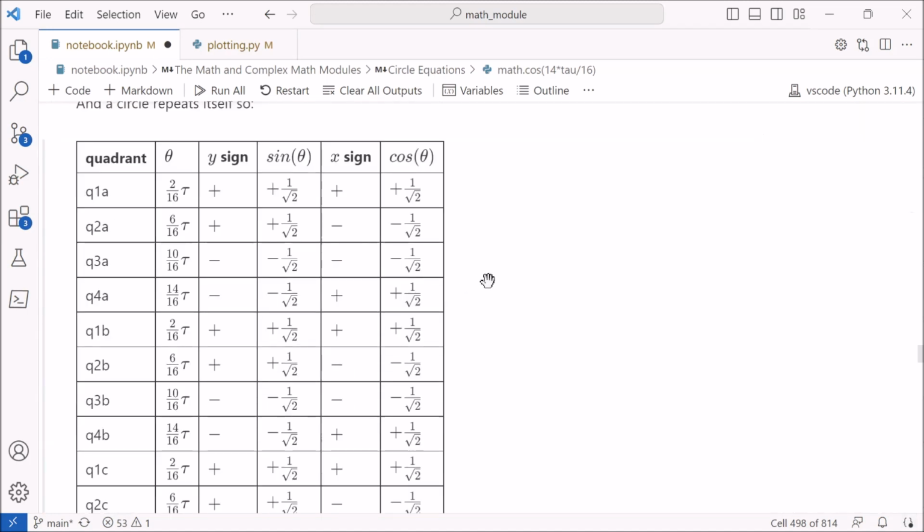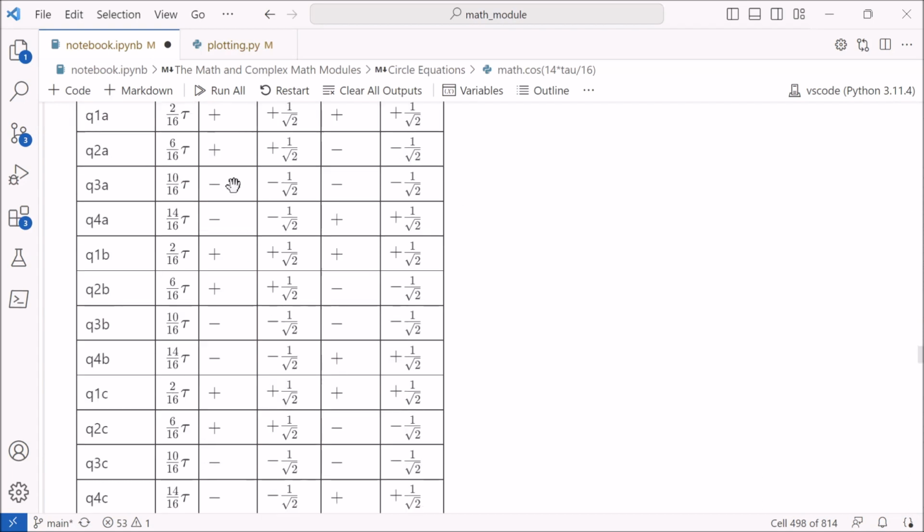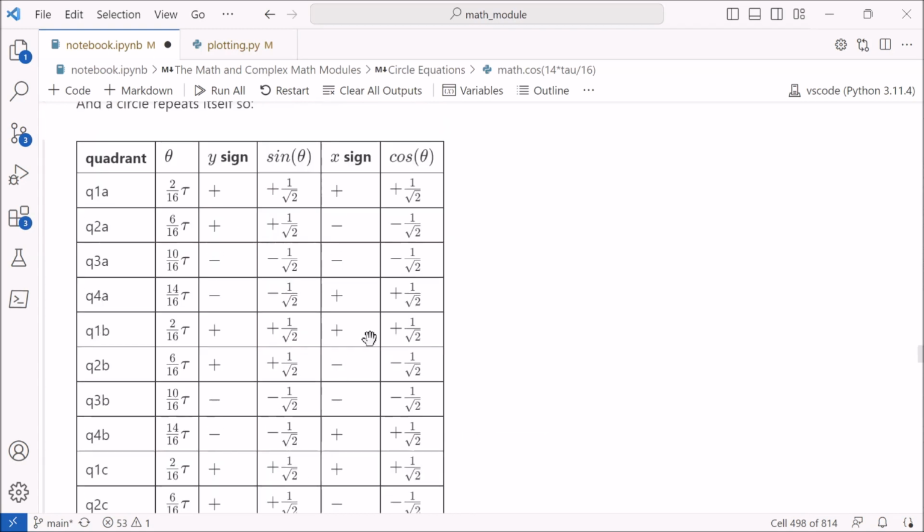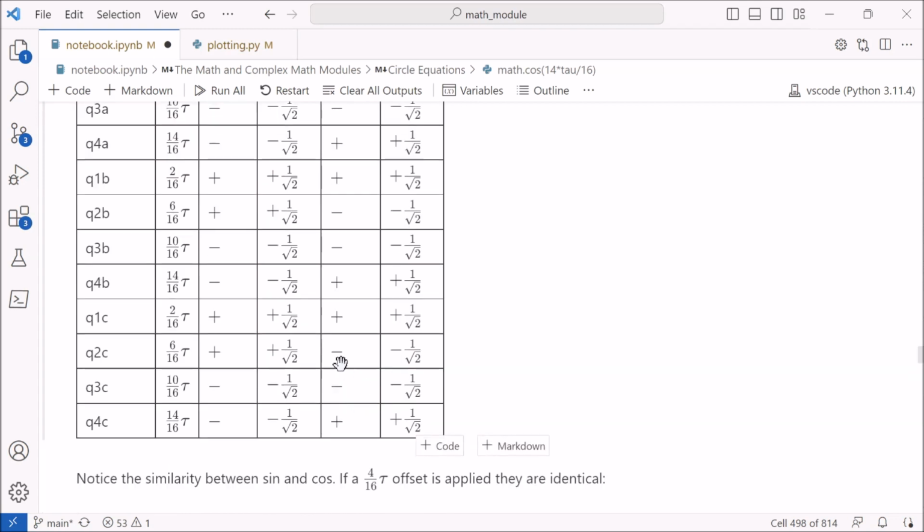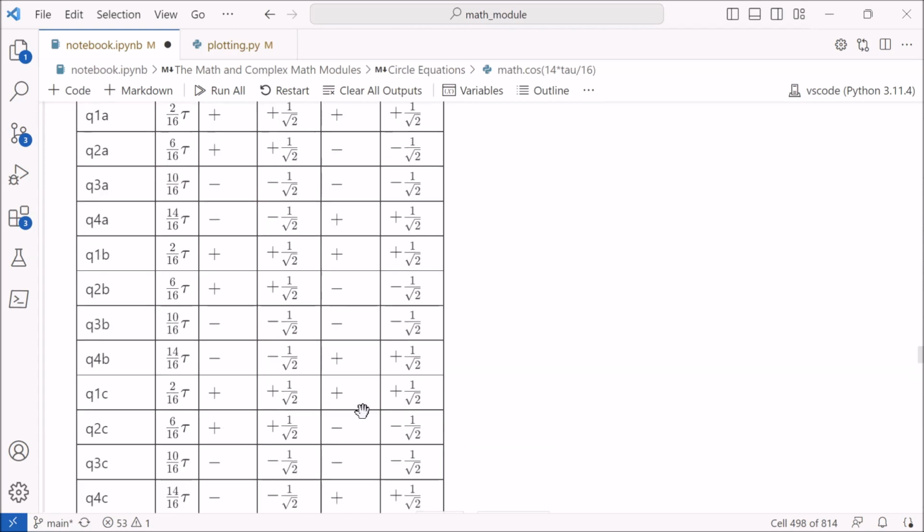Because a circle repeats itself, the sine is going to be positive, positive, negative, negative, positive, positive, negative, negative. And the cos is going to be positive, negative, negative, positive, positive, negative, negative, positive.